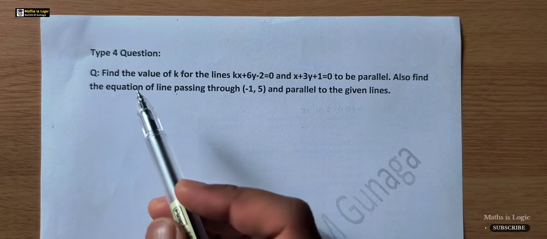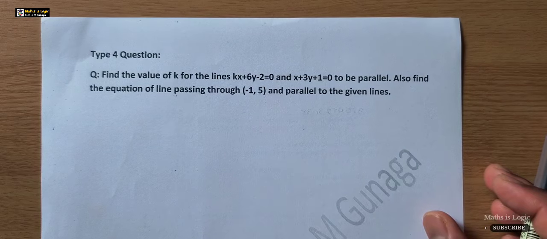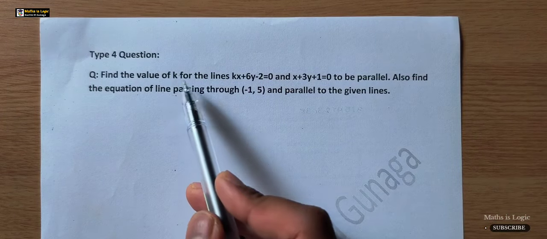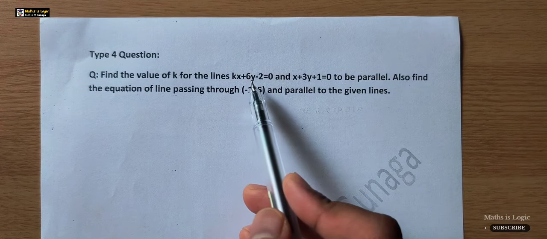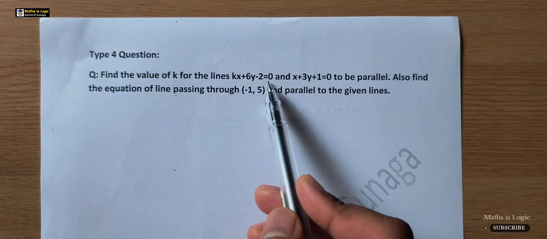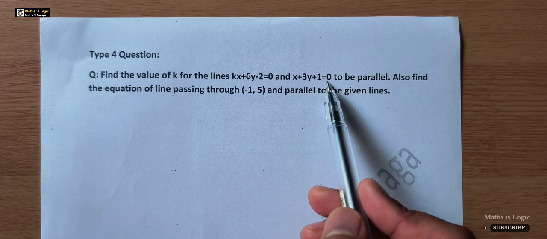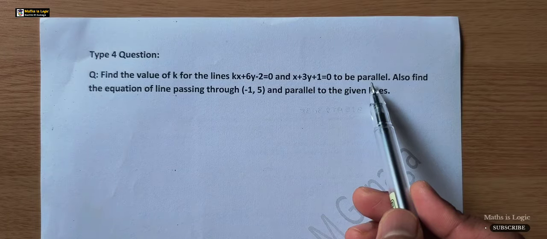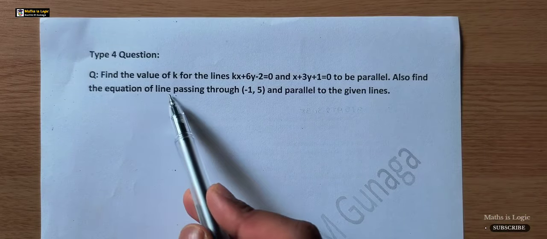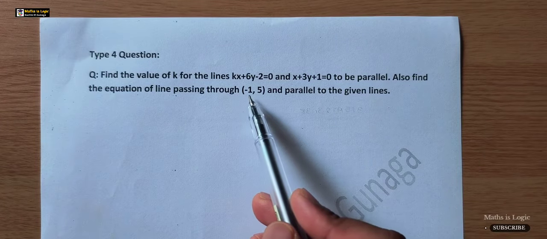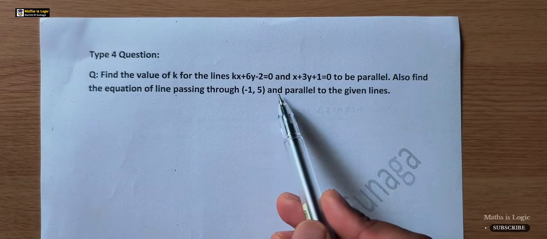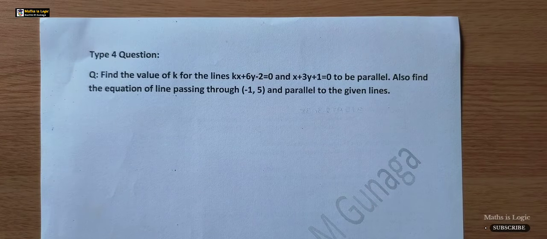Next, type 4 question. Find the value of k for the lines kx plus 6y minus 2 is equals to 0 and x plus 3y plus 1 is equals to 0 to be parallel. Also find equation of straight line passing through minus 1, 5 and parallel to the given lines.